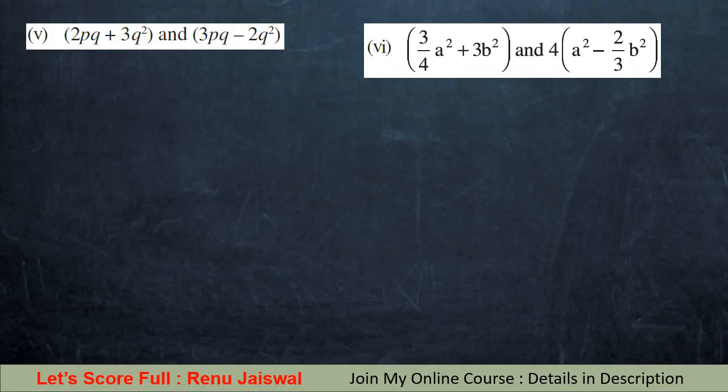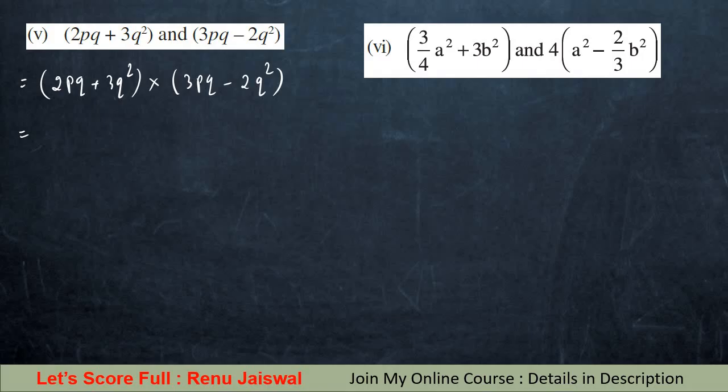So that's about the first question. There are 2 more questions from the same question. These are sub-questions. Let's do both of them so that if any further doubt is there, you can clear it. So in this I'll write 2pq plus 3q square and we have to multiply it by 3pq minus 2q square.